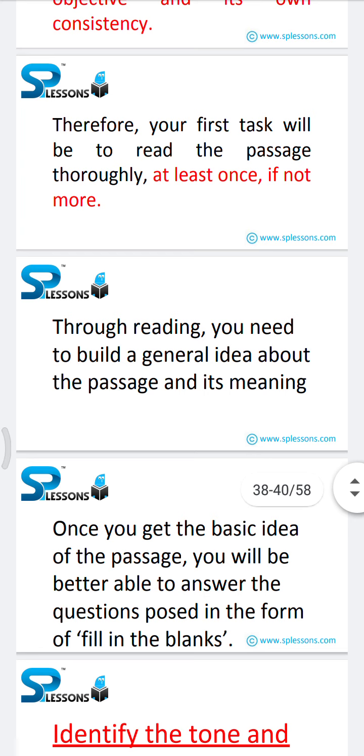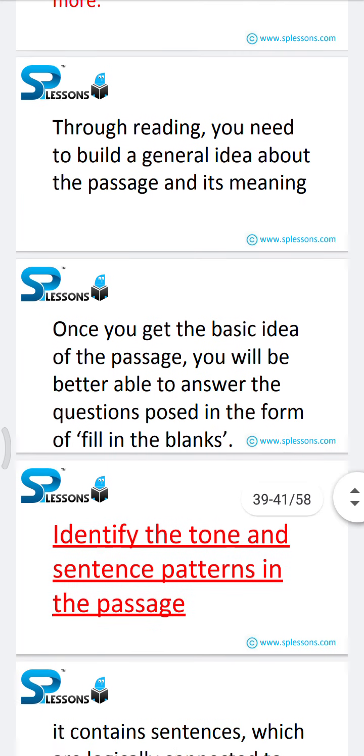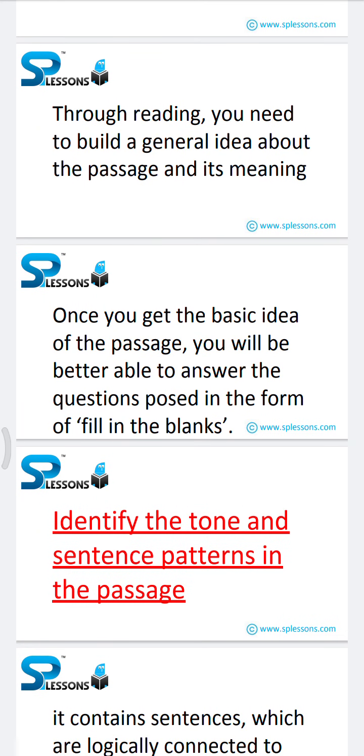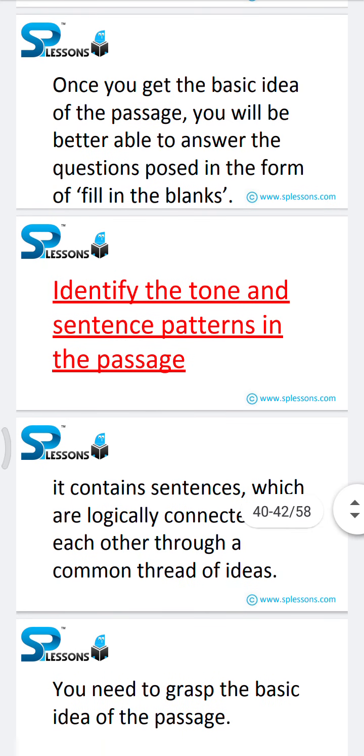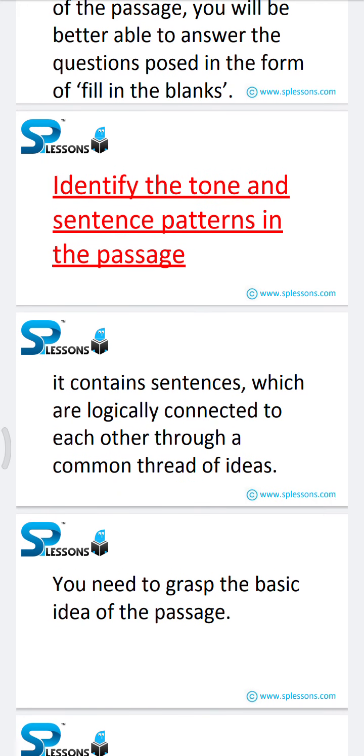Once you get the basic idea of the passage, you will be better able to answer the questions posed in the form of filling the blanks. The second tip for answering closed test questions: identify the tone and sentence patterns in the passage. It contains sentences which are logically connected to each other through a common thread of ideas.